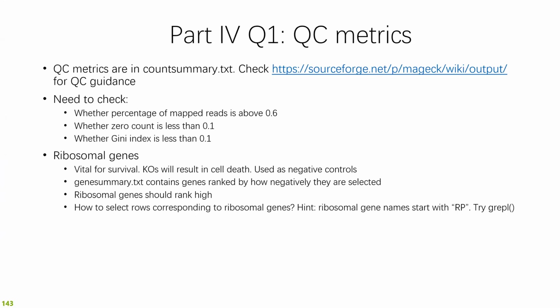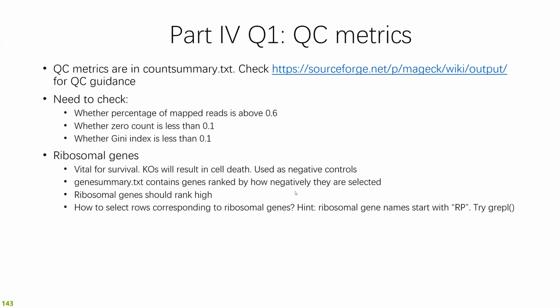Ribosome genes are vital for survival. So knockout of ribosome genes will result in cell death. In other words, they are usually used as negative controls. So the gene summary.txt file contains genes ranked by how negatively they are selected.